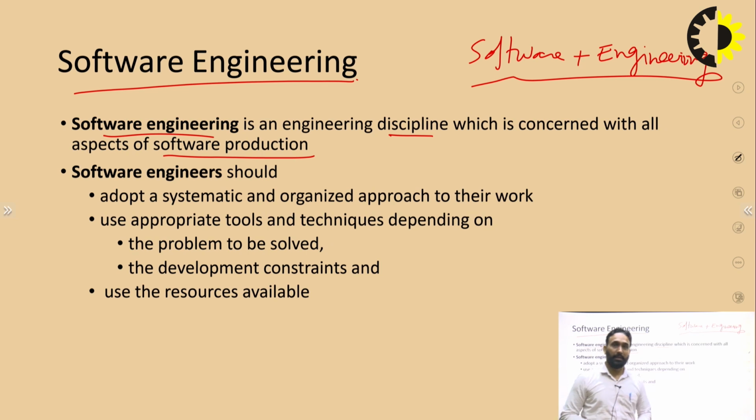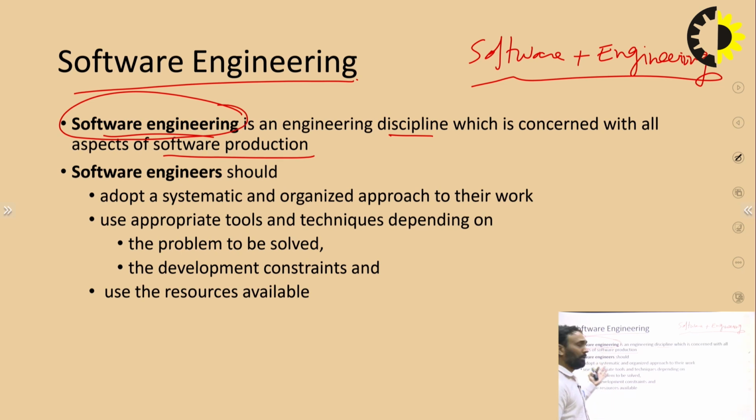Like in the production of any product in automobiles, which is relevant to automobile engineering, similarly the production of software, developing software from beginning to end, all aspects of software lie in software engineering.